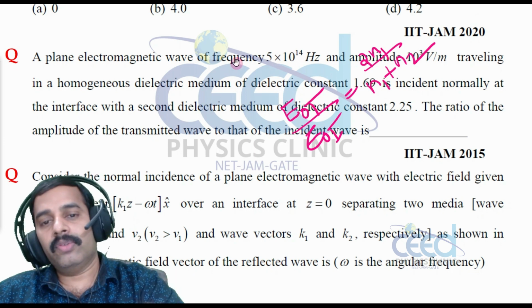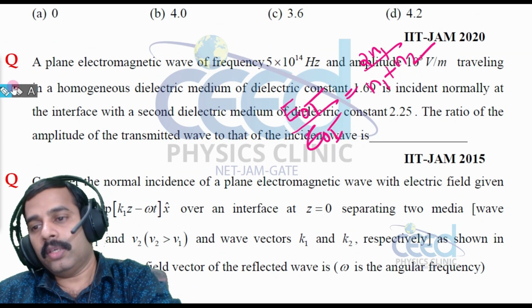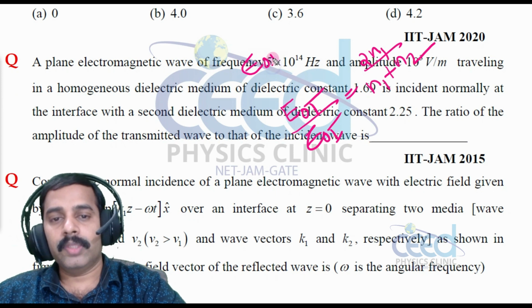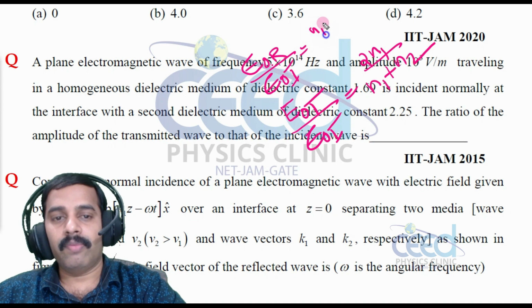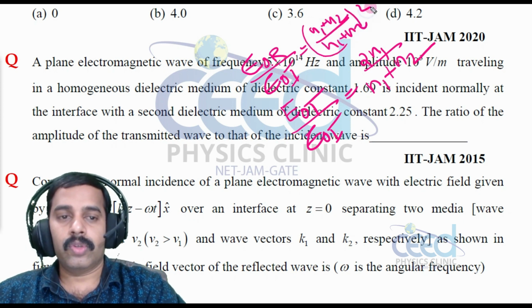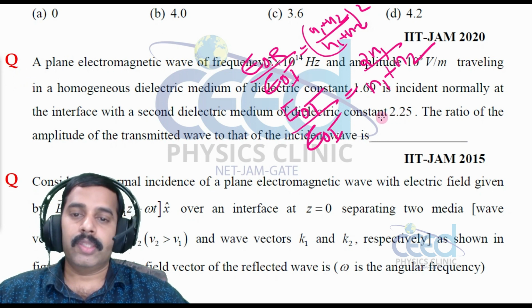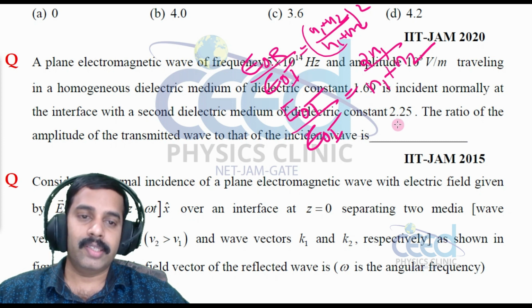And we have studied E0R by E0I also, that we need not. The reflected wave divided by E0I is (N1 minus N2) divided by (N1 plus N2) whole square, right? But the refractive index is not given in the question. So instead we have the dielectric constant here, right?